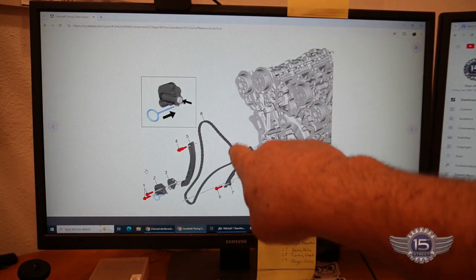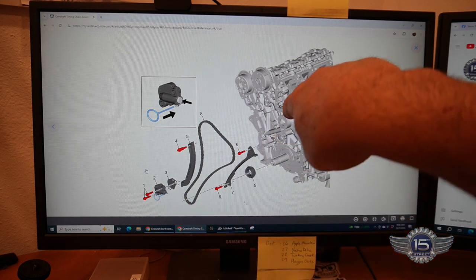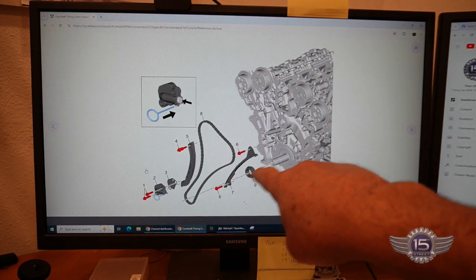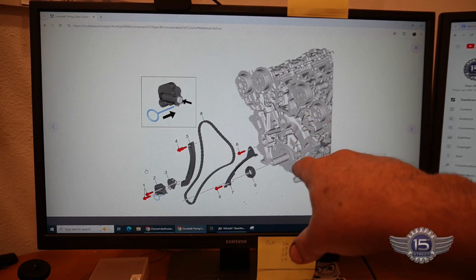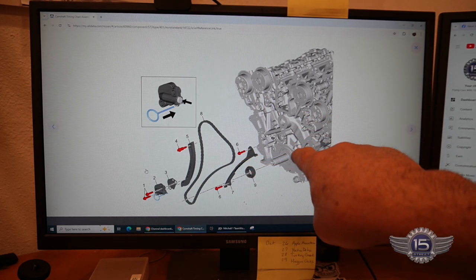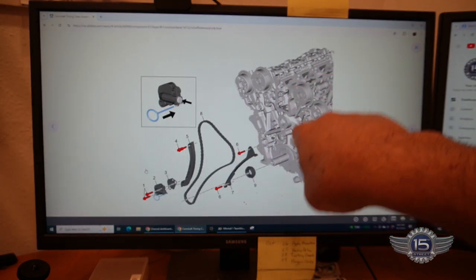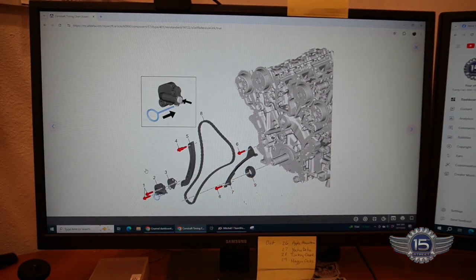So this is the chain for bank 2, comes off the crank, goes up over the intake, over the exhaust, and then back down to the crank. The exhaust side shoe, as we'll call it, the guide, is fixed. It doesn't move.